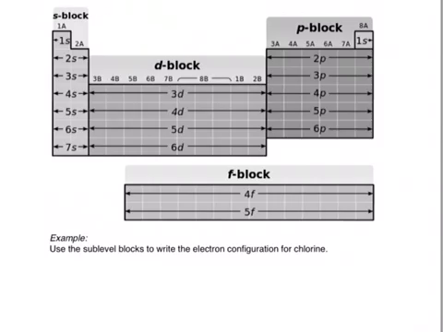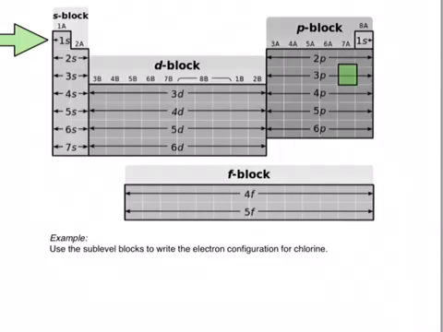Now I'm going to go over some examples that use the structure of the periodic table to make it easier to find electron configurations. This example uses chlorine. The first thing you want to do is find chlorine on the periodic table. Now we want to start in the upper left-hand corner with 1s and write all of the filled sublevels in order going across each period.